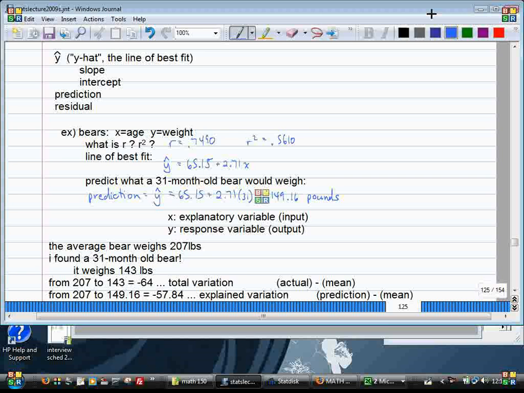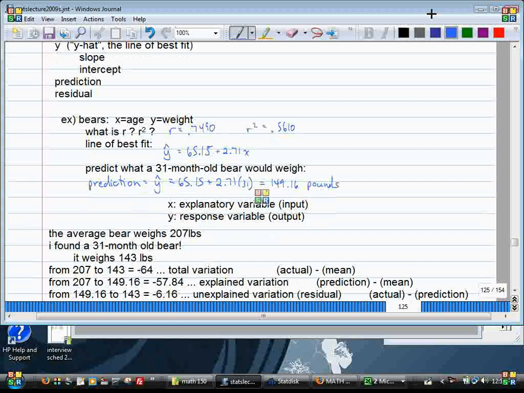But it turns out that it was really 143. So in other words, my prediction was off by negative 6.16, and that's called the unexplained variation. The unexplained variation is also known as the residual. And that just comes from the actual minus the prediction.